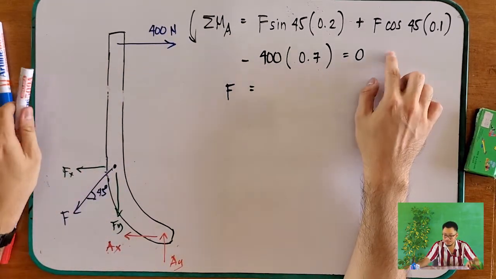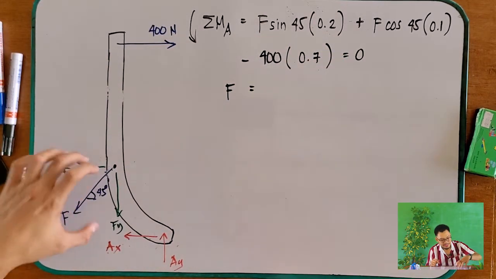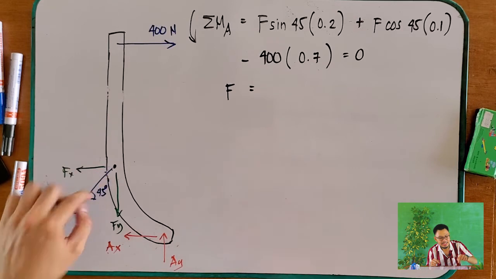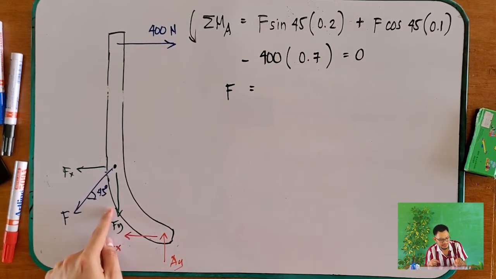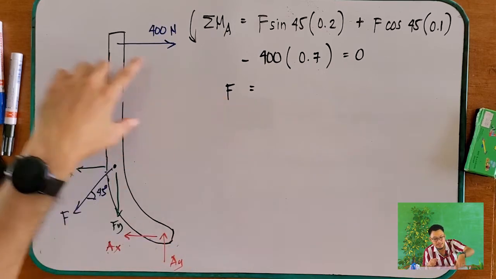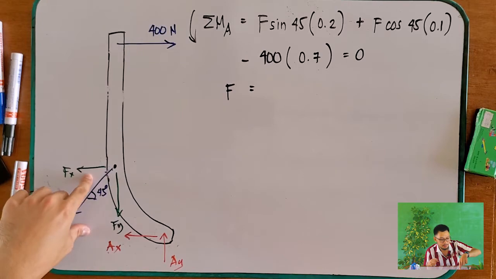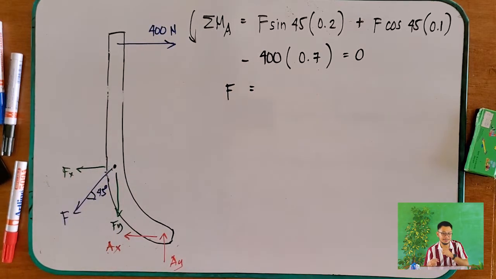Ako nagidiretso ng mga moment ha. So, F sine 45 mo ni siya. And then, 0.2 ang distance ani. Fy, so F cosine 45. And 0.1 ang distance ani. And your 400, and kani nga distance is 0.5 plus 0.2, so that is 0.7. Okay?